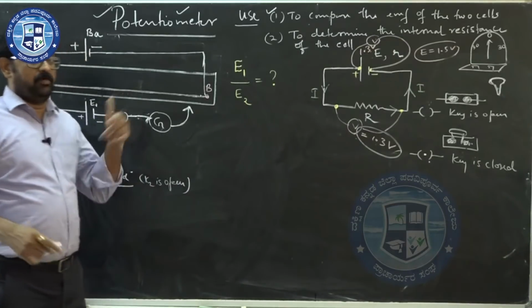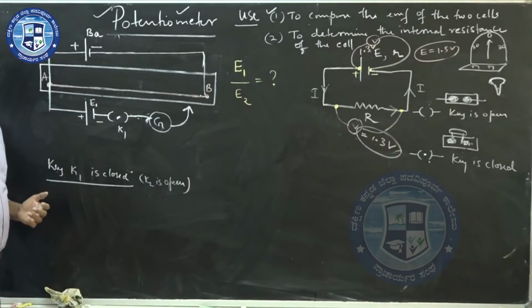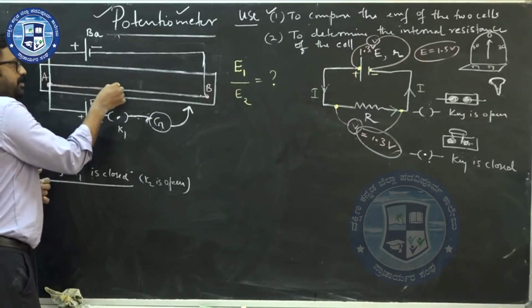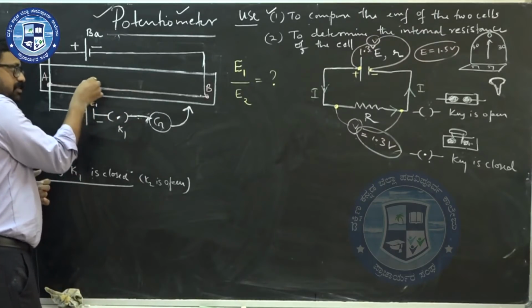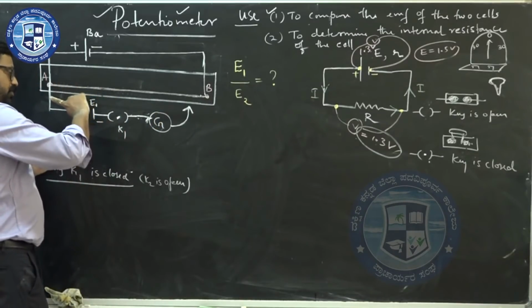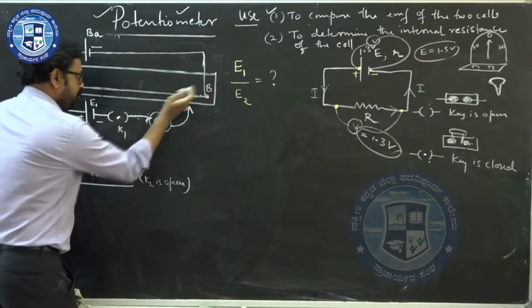If you slide, the uniformity of the wire will be lost. I hope you are able to follow. So keep on shifting the sliding contact to various positions, shifting it slowly. It was deflecting to one side, so slowly the deflection decreases, correct?